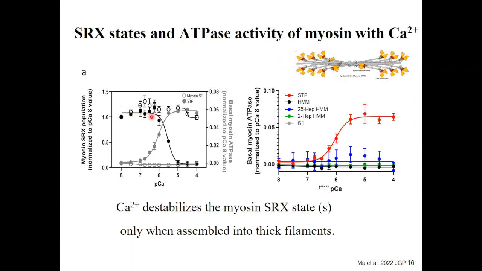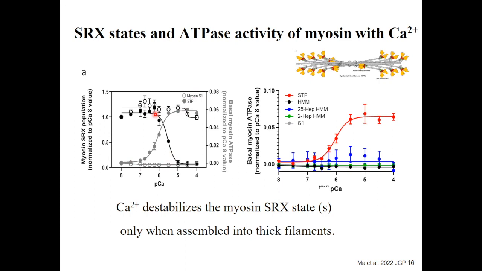As we increase calcium concentration, we see a decrease in the population of heads in the SRX state, and mirroring that, there is an increase in ATPase activity. But interestingly, if we only look at the myosin S1, there's no calcium-dependent ATPase activity or SRX population change as we increase the concentration of calcium.